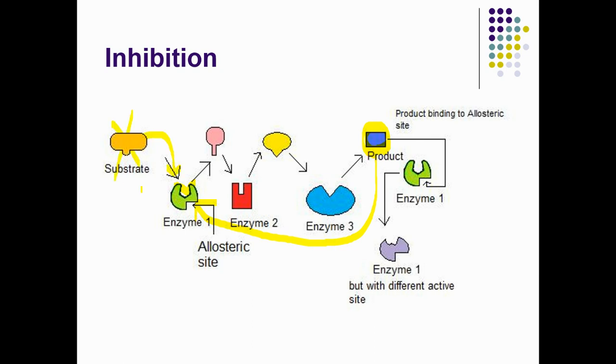So it essentially shuts that pathway down. Now, when those products are not as numerous and not as available, then more than likely that substrate can get in there. So feedback inhibition is about turning off. Okay, the end product acts as an inhibitor to turn the pathway off. And that's what feedback inhibition is.